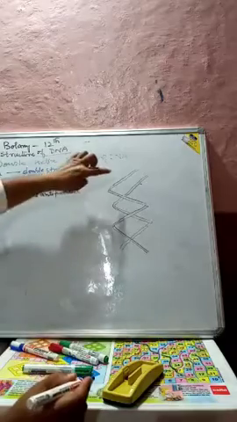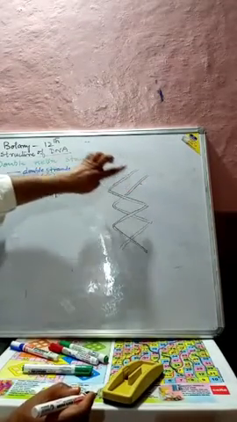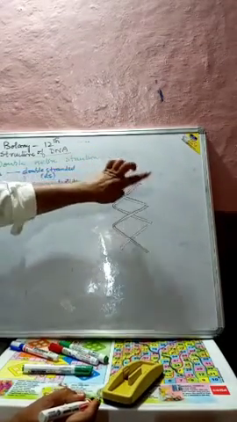This is the double helix, one, and this is the second. This is a double strand. This is one strand, and this is the second strand.